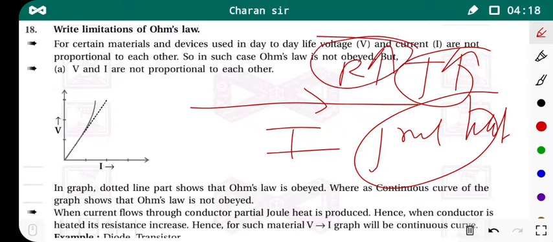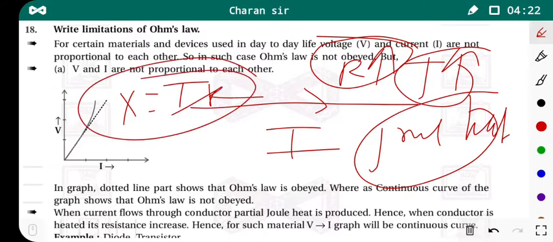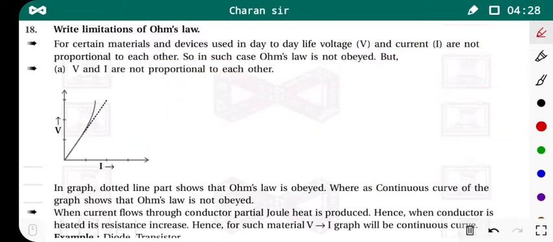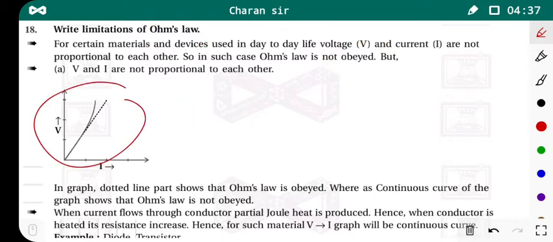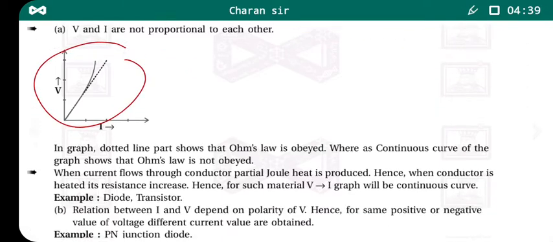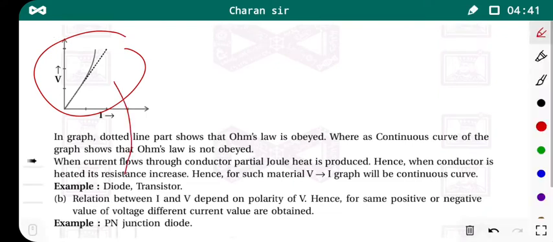So when resistance increases, this equality is not obeyed. So we can say that for the solid line Ohm's law is not obeyed. That is one limitation. This graph is for a diode and transistor.